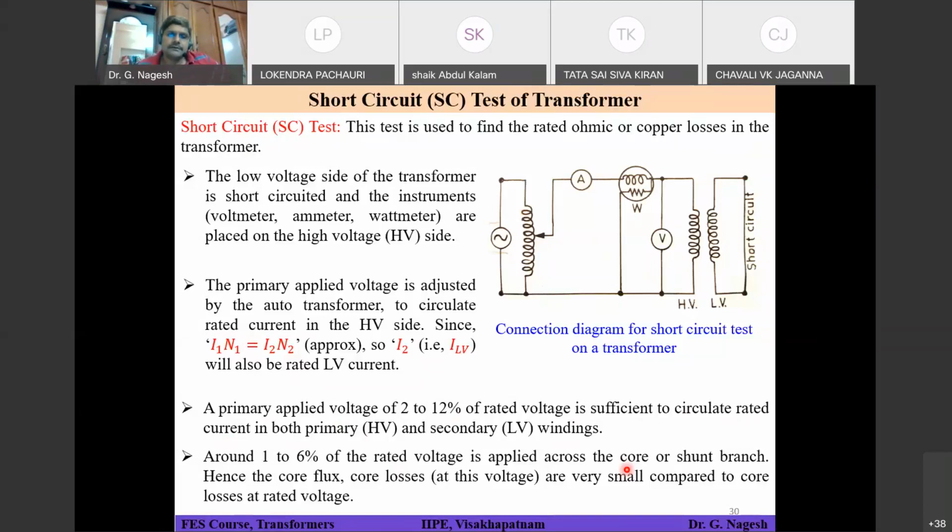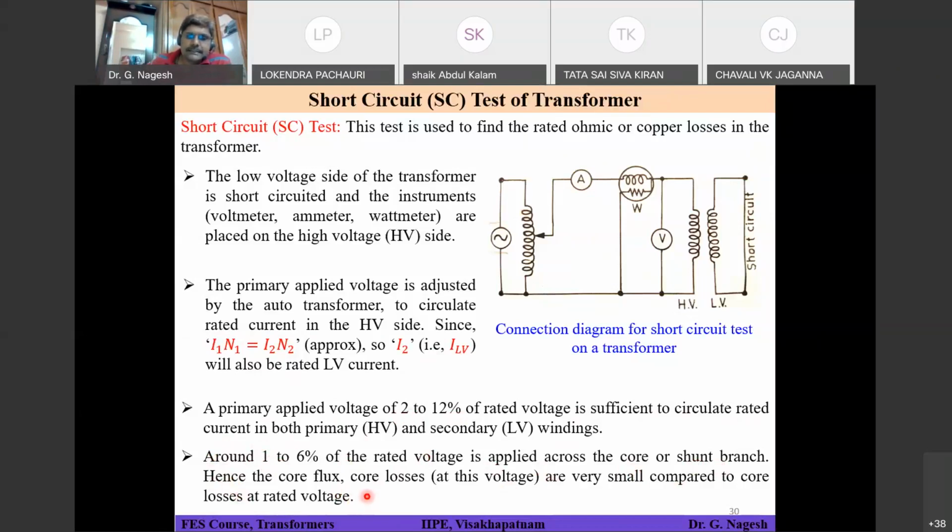From the equivalent circuit, if you see, out of this 2 to 12%, half of that, around 1 to 6% of the rated voltage, is applied across the core or the shunt branch. Hence, the core losses are very small compared to copper losses at rated voltage.